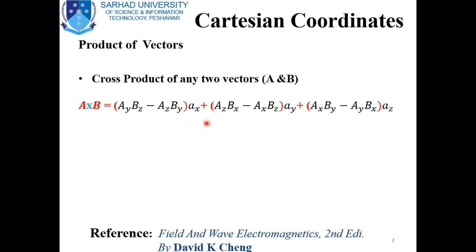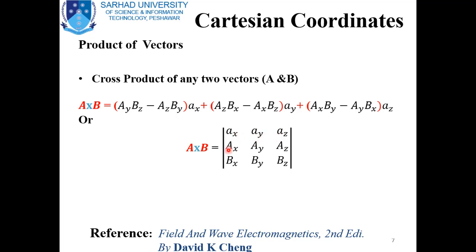This expression can be obtained by the determinant method as well. If we write a cross b in the determinant form, as a and b have three components each, we will construct a 3 by 3 matrix in which the first row is for the base unit vectors. So we will write ax, ay and az.